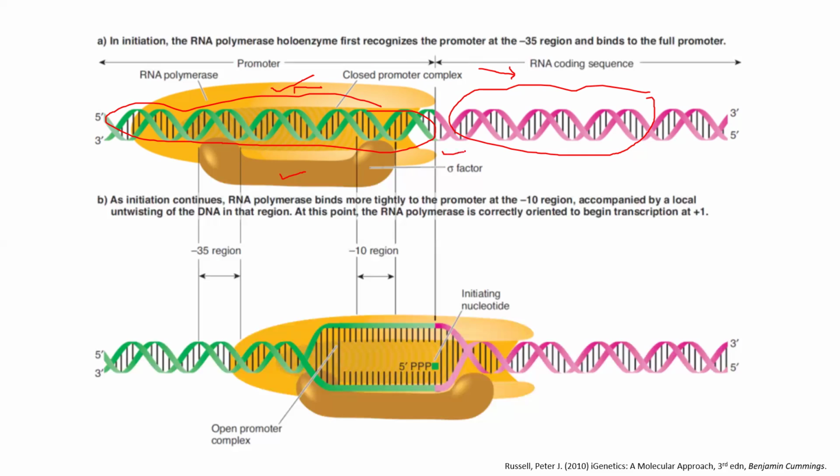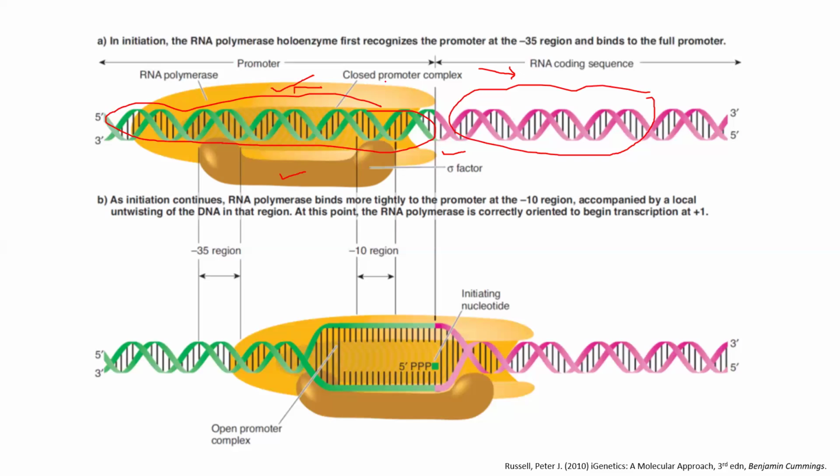The RNA polymerase holoenzyme orients itself at the promoter, so the transcription of the gene occurs at the correct site every time the gene is transcribed. And the difference between the holoenzyme and core enzyme is the sigma factor, and sigma factor plays a key role in recognizing the key sequences in the promoter.